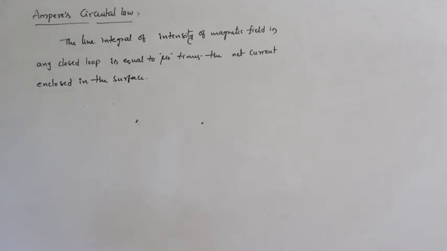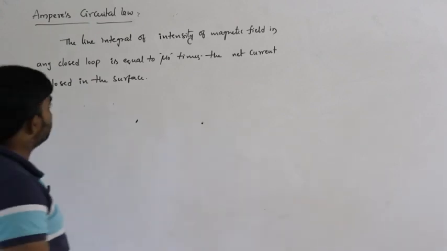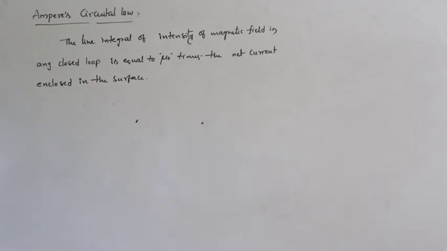So this is Ampere's circuital law. The line integral of intensity of the magnetic field in any closed loop is equal to mu naught times the net current enclosed in the surface.